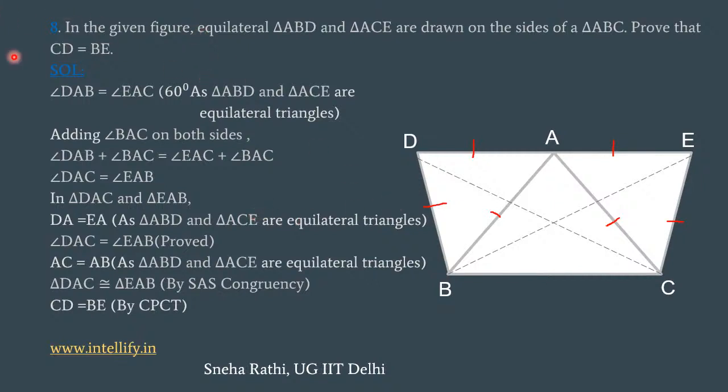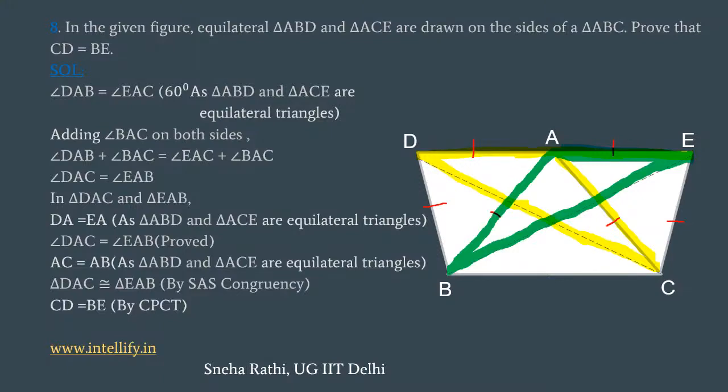Okay, let me mark first. Now I have marked the triangles. So in triangle DAC and triangle BAE, DA will be equal to EA, angle DAC will be equal to angle BAE, and then AC will be equal to AB because it is an equilateral triangle.